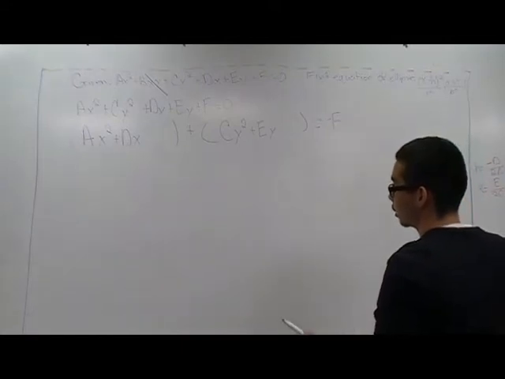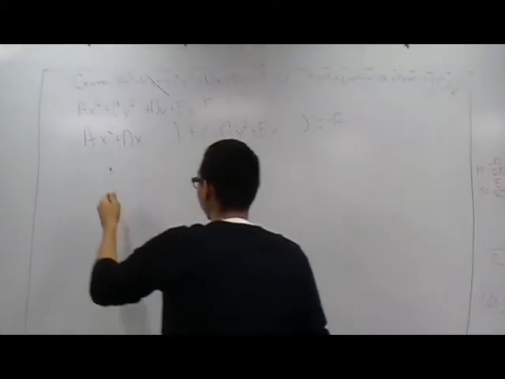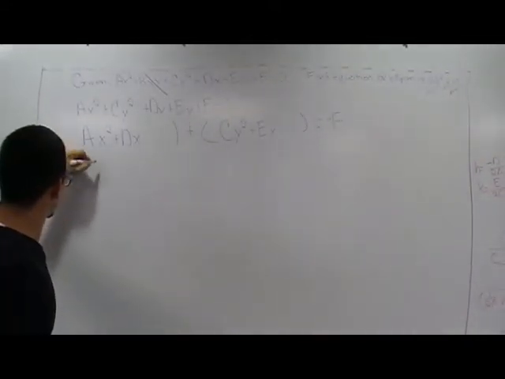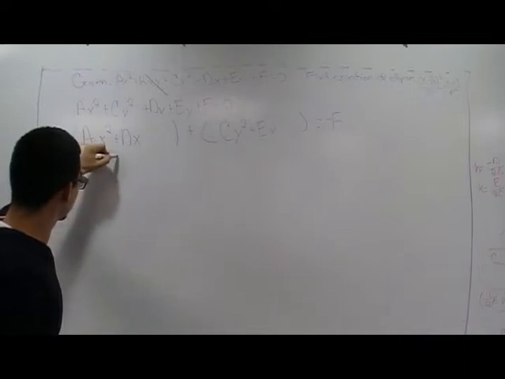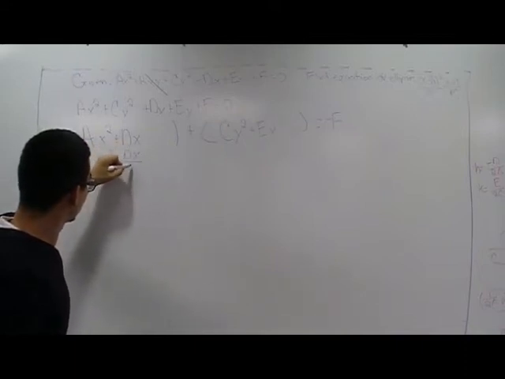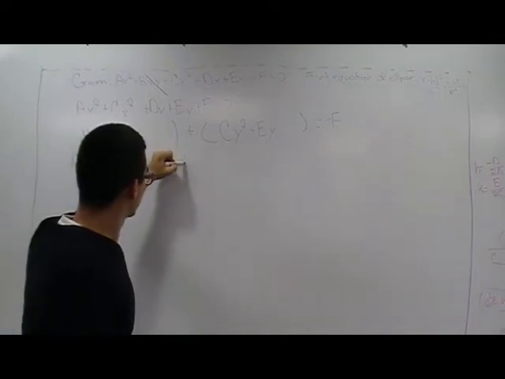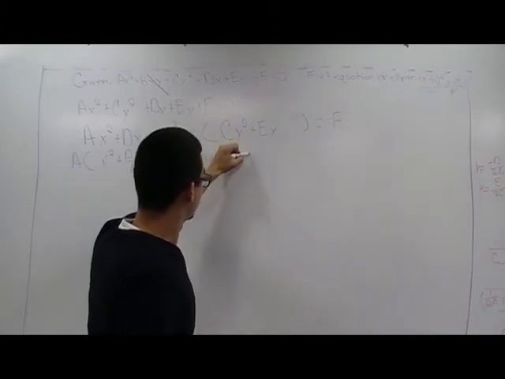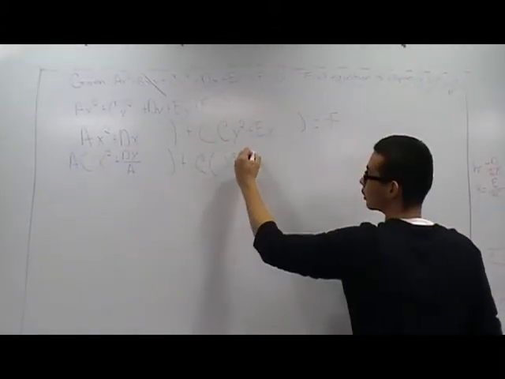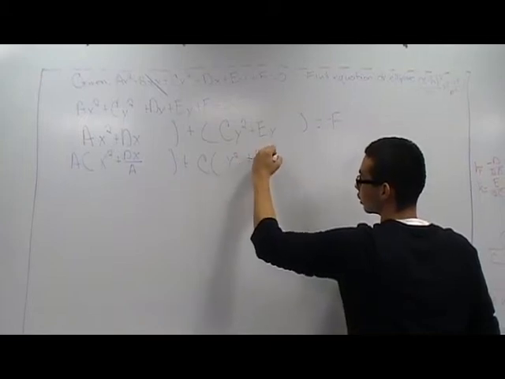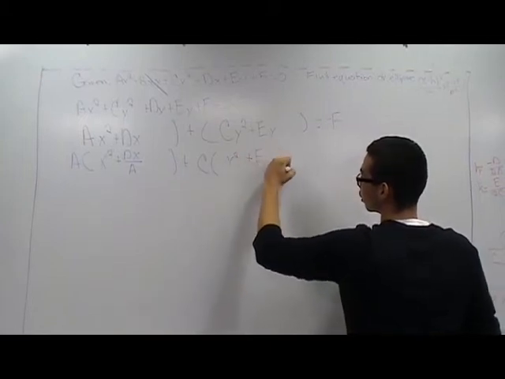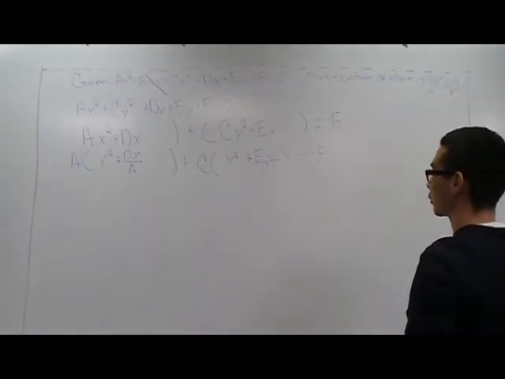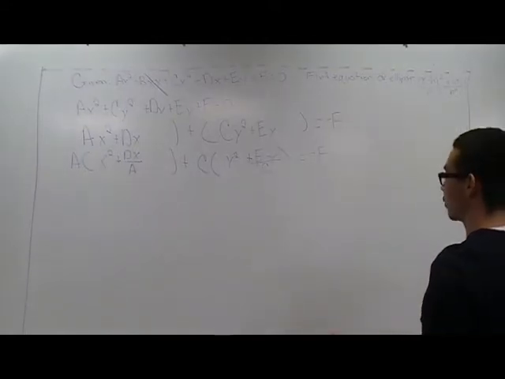Now what we can do is move this ugly a and c out of the equation. We're left with a times (x squared plus d of x over a) plus c times (y squared plus e of y over c) equals negative f. And now some more cleaning up.